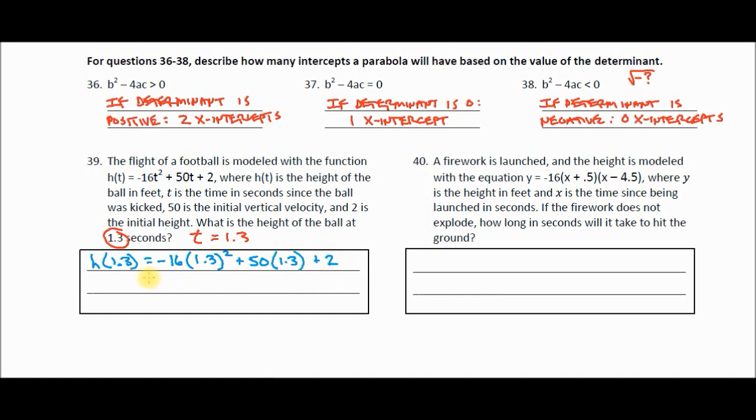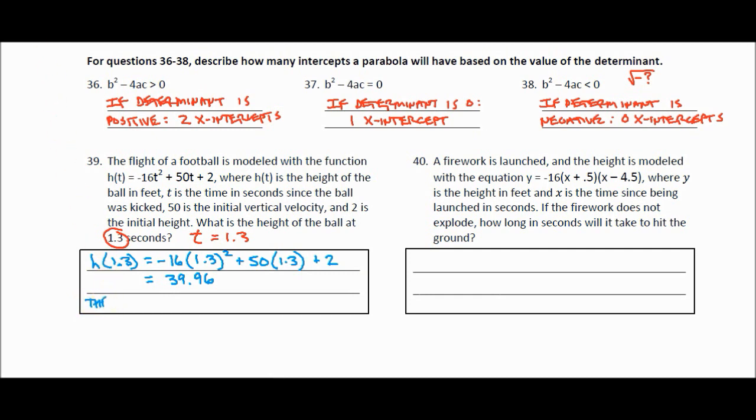And when you plug that in your calculator, you should get 39.96, and I'm going to write this out to 2 decimal places.